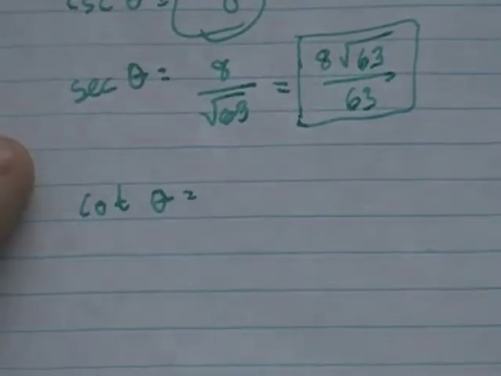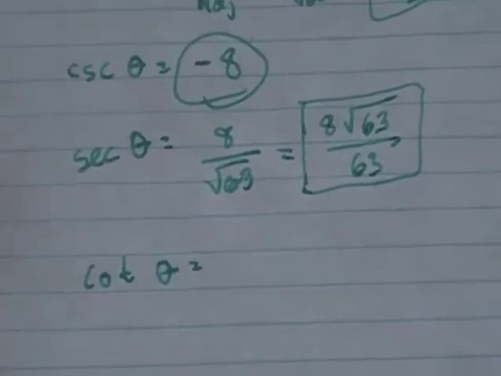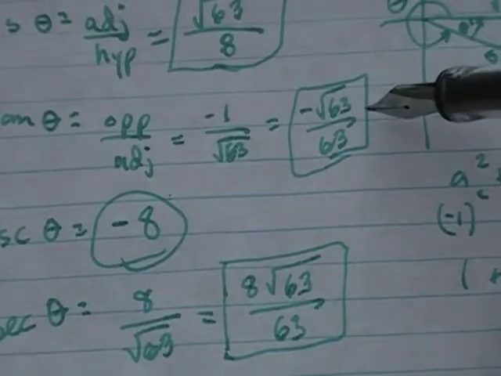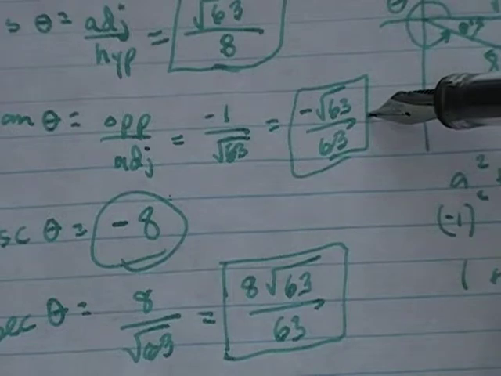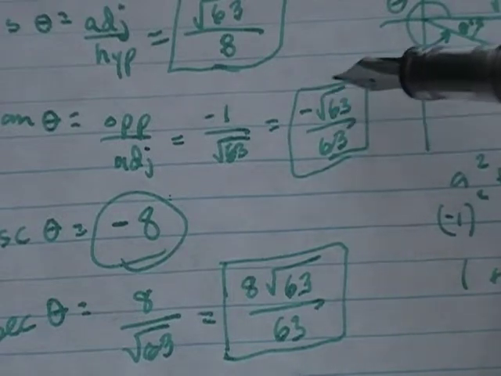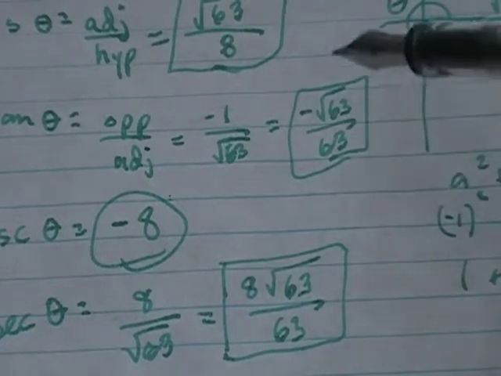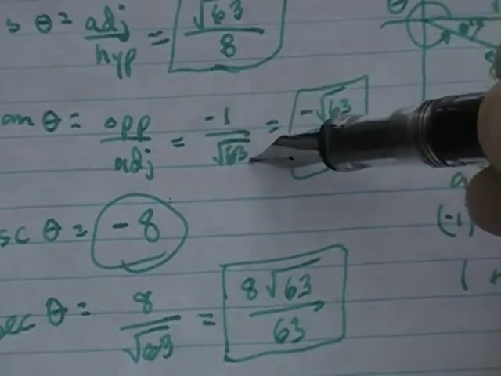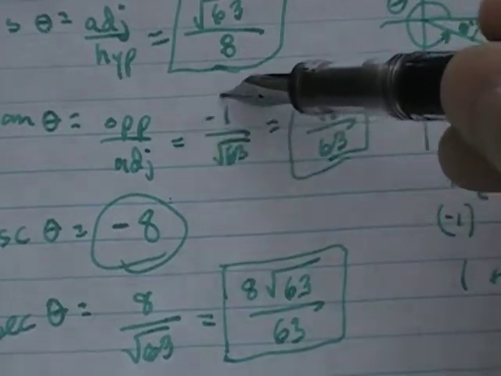All right, and last one is cotangent. Cotangent is the reciprocal of tangent. So I go back up and I say, what was tangent? Now, you could take this answer and flip it. But when you do, you're going to put this radical on the bottom. You're going to have to rationalize. It's a pain in the rear end. Or you could say, wait, could I flip that? And the answer is yes, you could.